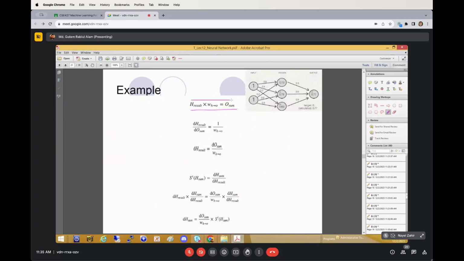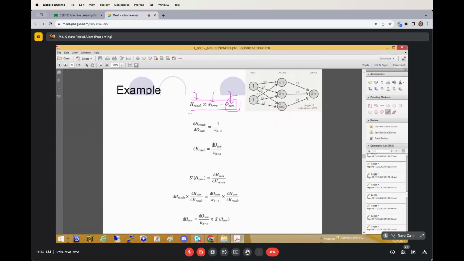We already took the derivative with respect to W, but this time we want to take the derivative of this same equation with respect to output sum. If we do that, it will be delta hidden results.